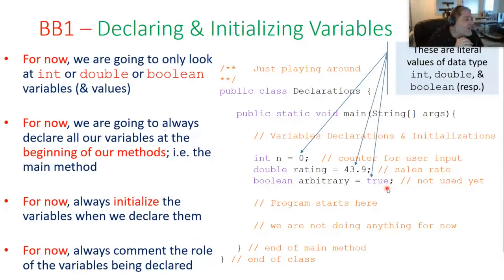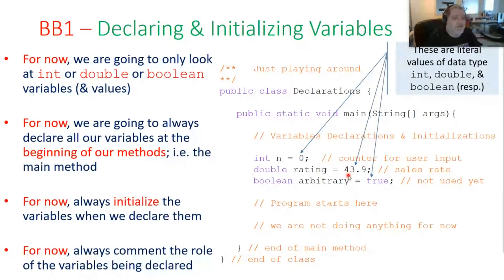And I called it a string literal because it was literally written in the code. Well, the 0 here is not read from a file, is not read from the network, is not read from the keyboard. It's a value that I typed literally right there in the code. So it's an integer literal or an int literal, depending on how accurate you want to be. This is a double literal.